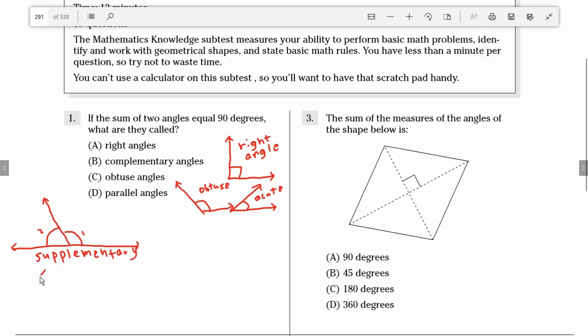Again, if angle 1 plus angle 2 equal 180 degrees, they're called supplementary angles.